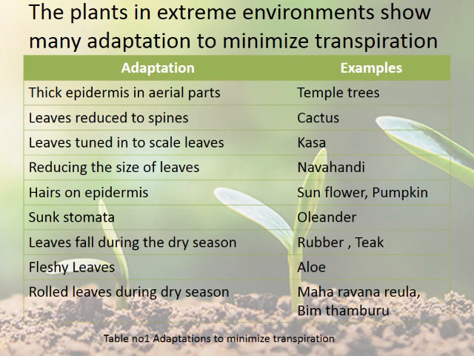So next, although most plants like this transpiration, for the reasons discussed above, some plants living in extreme environments do not like this process. First of all, let's look at examples of this type of plants: cactus, aloe, temple tree, and likewise plants living in extreme environments, such as deserts as well as dry zones.